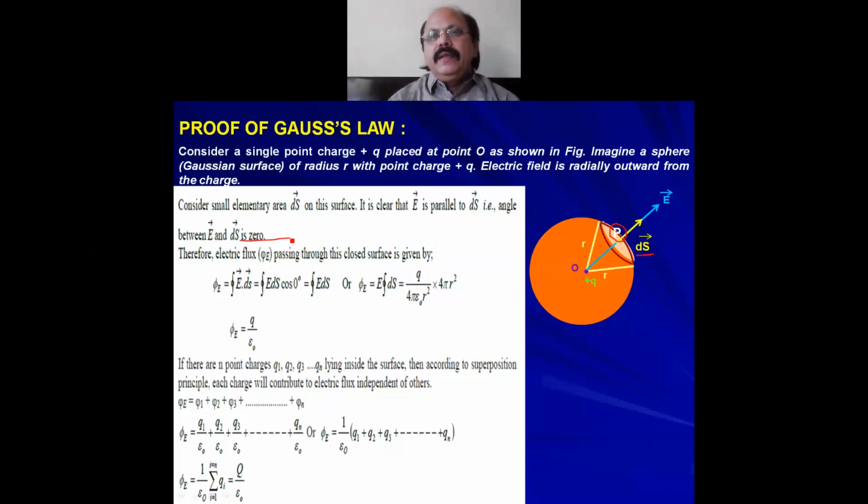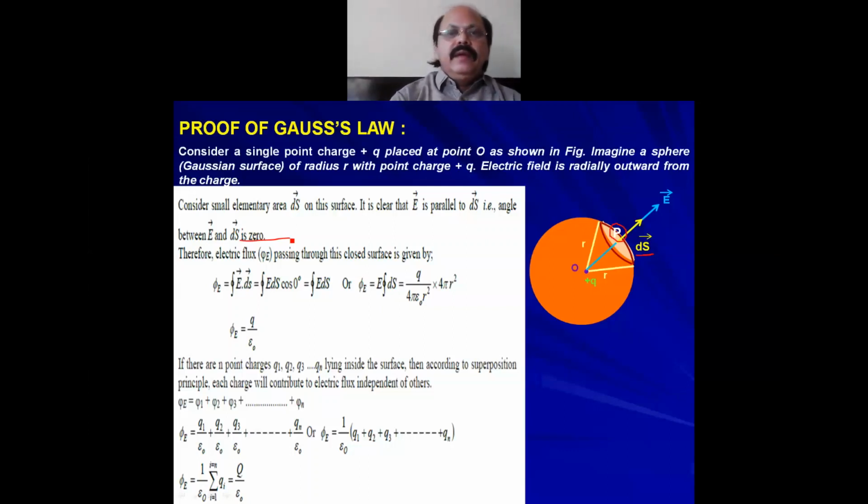So what we have to do for deriving this Gauss's law? We have to find out the total electric flux through this Gaussian surface.